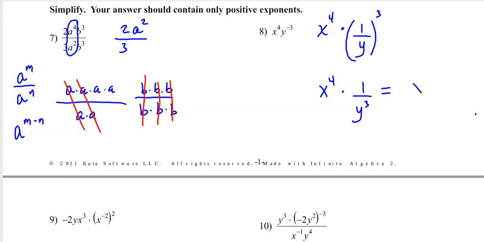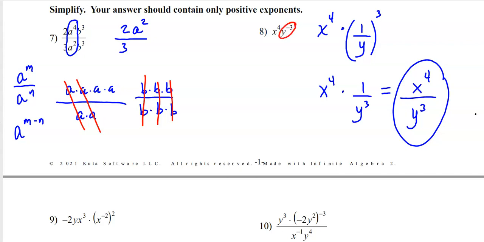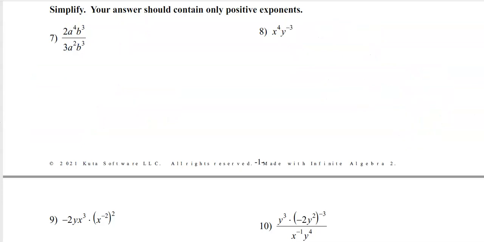And the x to the 4th just is on top, and the y to the 3rd is on the bottom. I normally don't go through all that stuff. I typically just look at this and right away say, oh, you got to go down to the bottom, and then I get rid of the negative and make it positive. So that's how I address it, especially with letters.